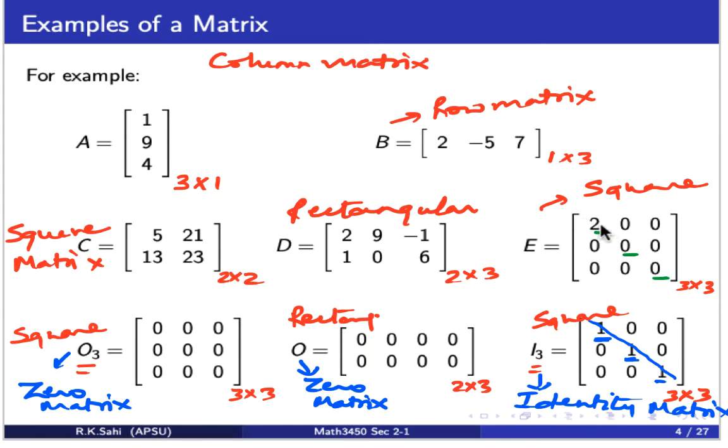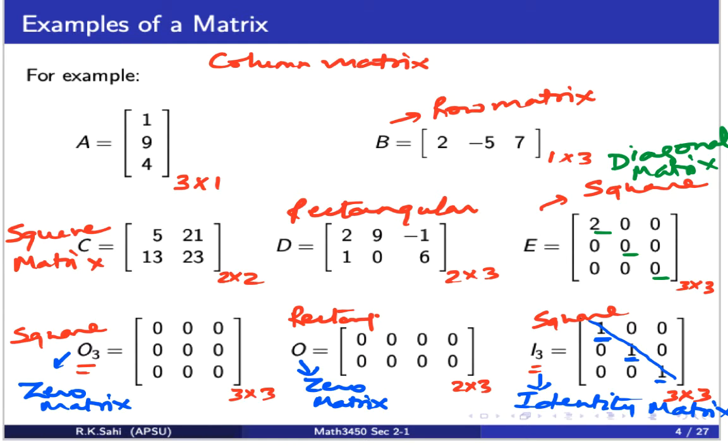So these ones, starting top left to down right, are the diagonal elements. And every other element is a non-diagonal element. Now, if you have a matrix where every non-diagonal element is a 0, then we say that this matrix is also called a diagonal matrix.